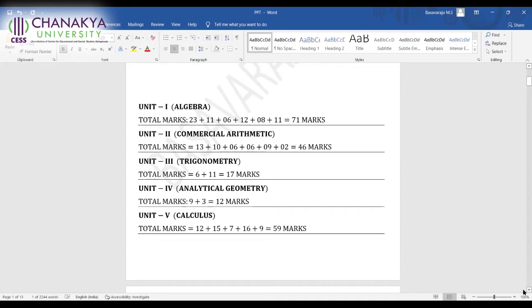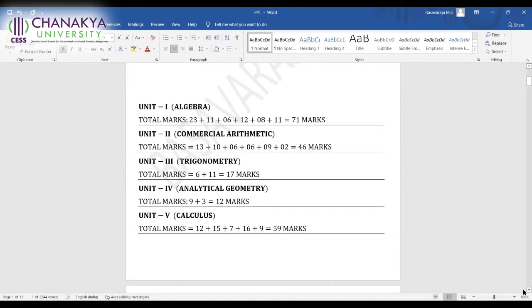For this academic year's annual paper, they divided the algebra part. They are going to ask 21 marks from algebra. It is purely based on the question paper given by the board, and also purely based on the model paper and the question paper pattern.